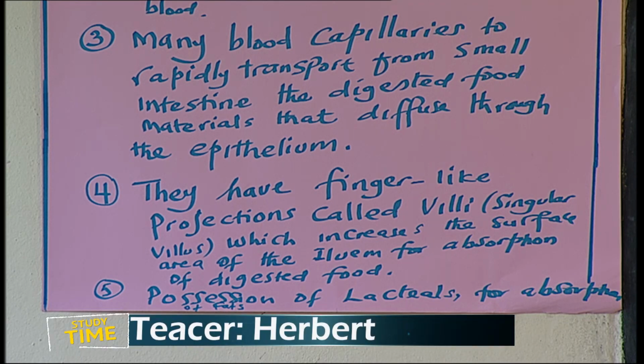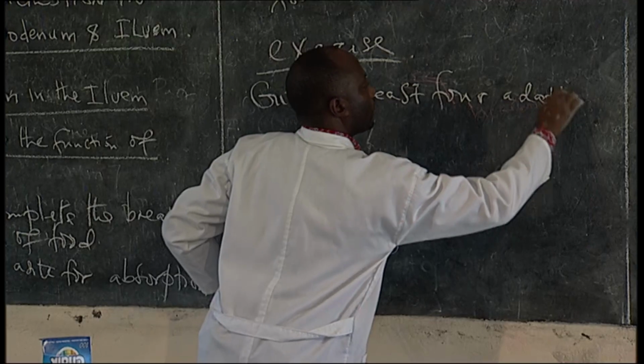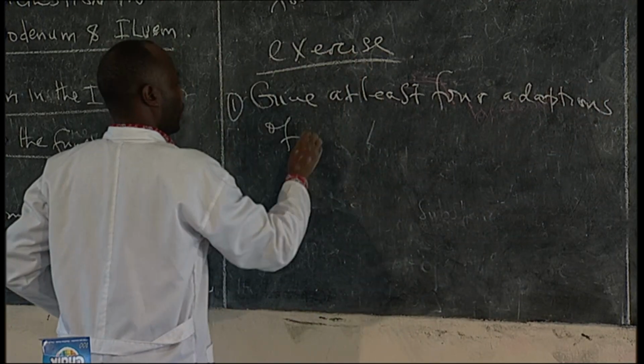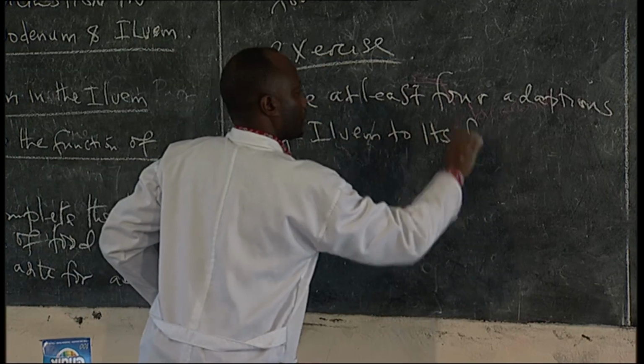So that is the end of the lesson. Let me give you a homework exercise. Number one, give at least four adaptations of the ileum to its function.